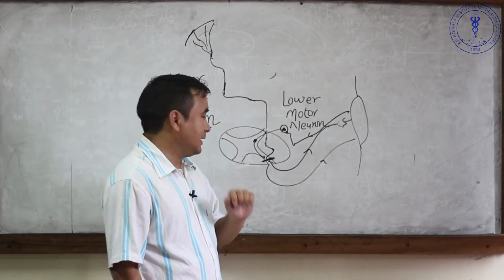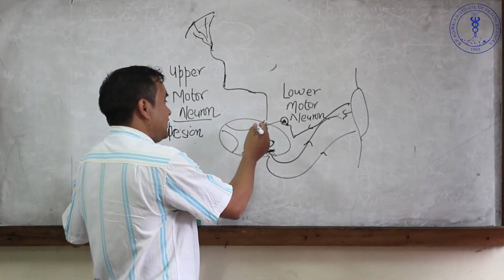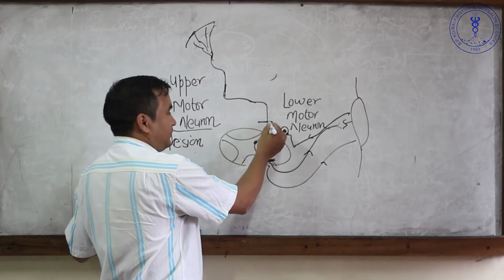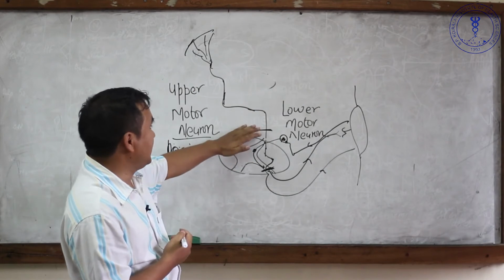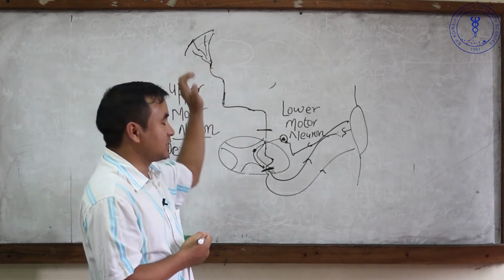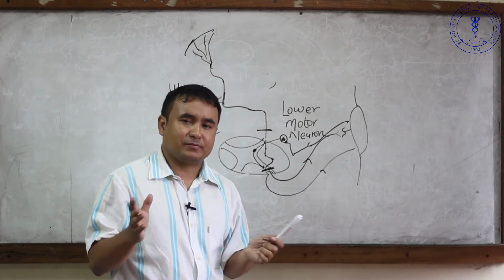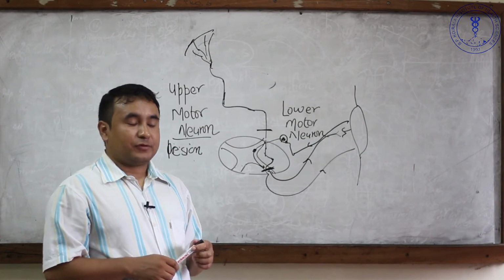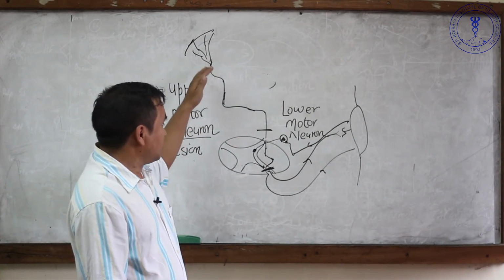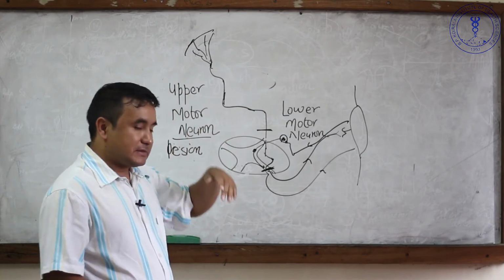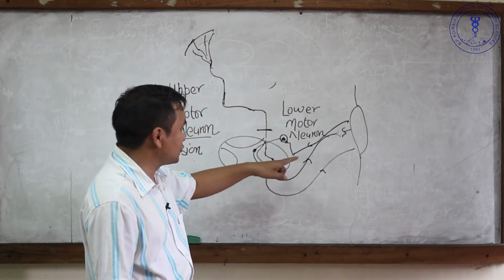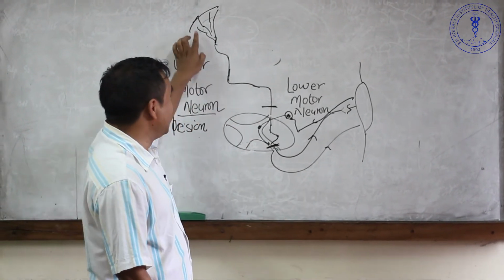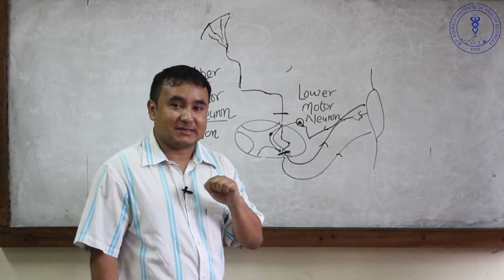Now what happens if there is any problem at the level of the spinal cord, brain stem or cortex? The control over this locally mediated reflex will be lost if there is any upper motor neuron lesion.